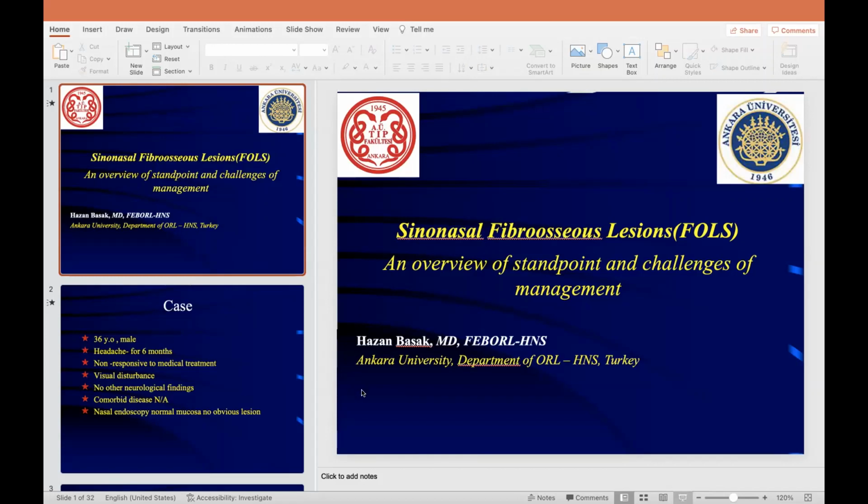Like I said, fibro-osseous lesions in the frontal sinus, maxillary sinus, or anywhere in the facial bones are the most common indication for open approaches for sinonasal tumors. Another thing: if you are deciding to go for endoscopic surgery, there are some important things you need to reconsider.